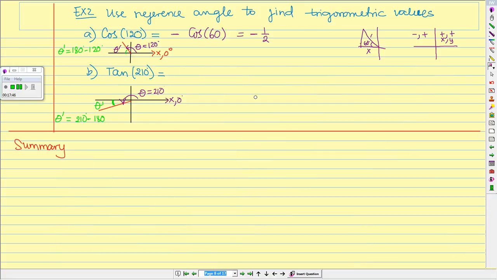So that's what we're doing here. Okay, so now I have my reference angle, 30 degrees, for 210 degrees.